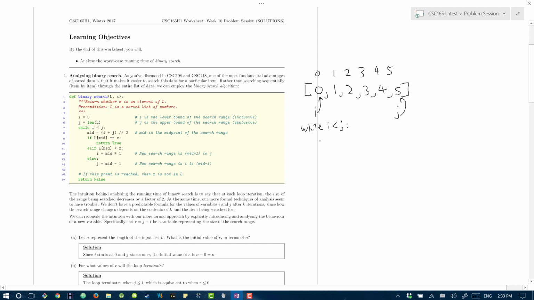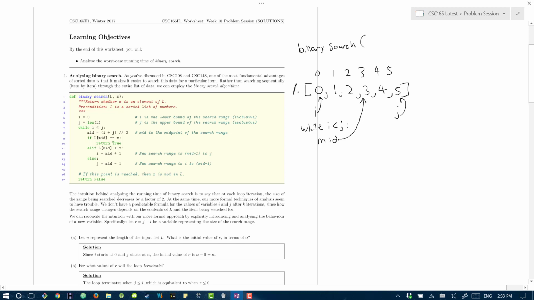Then we're going to set the midpoint to be i plus j, halved. So this is going to point to the middle. Alright? Let's give an example here, binary search.